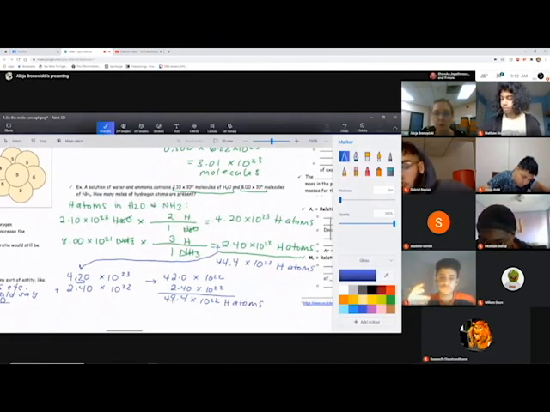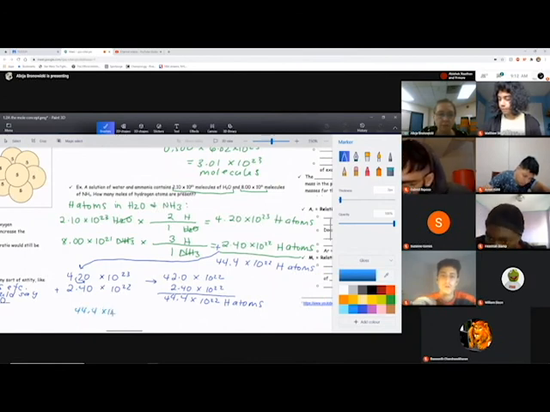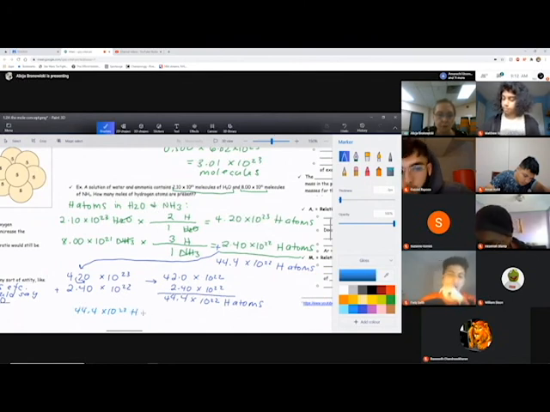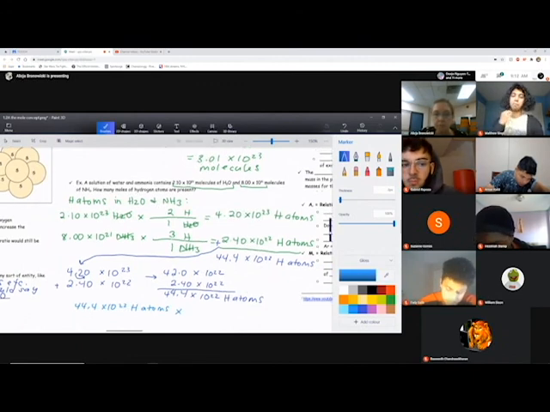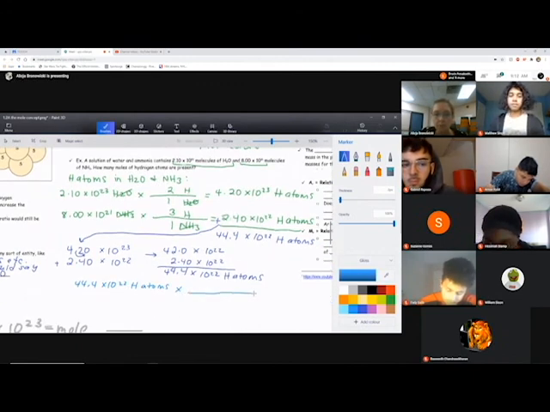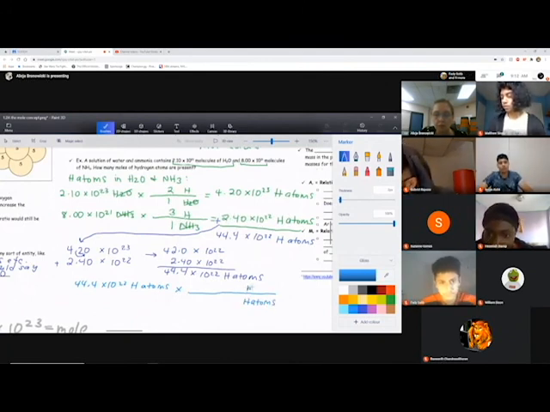So now my next step, I have this many hydrogen atoms. So how many moles is in this? So 44.4 times 10 to the 22 hydrogen atoms. I want to get rid of hydrogen atoms, and I want moles instead.